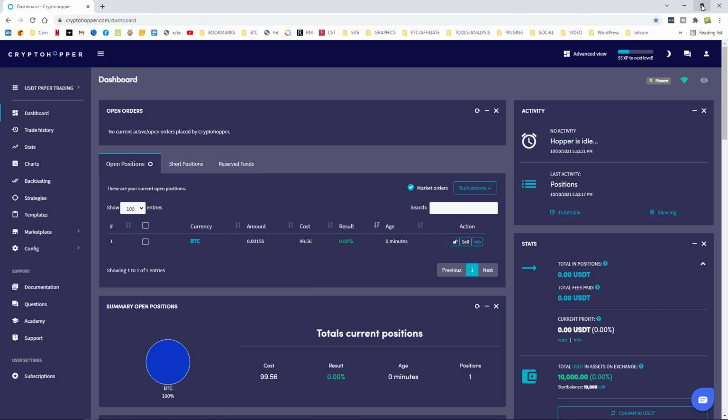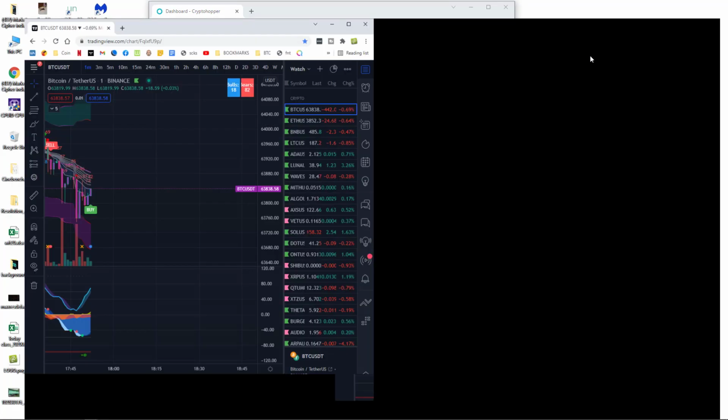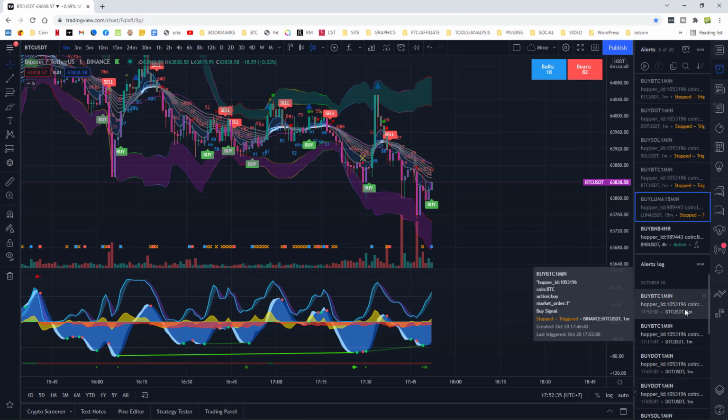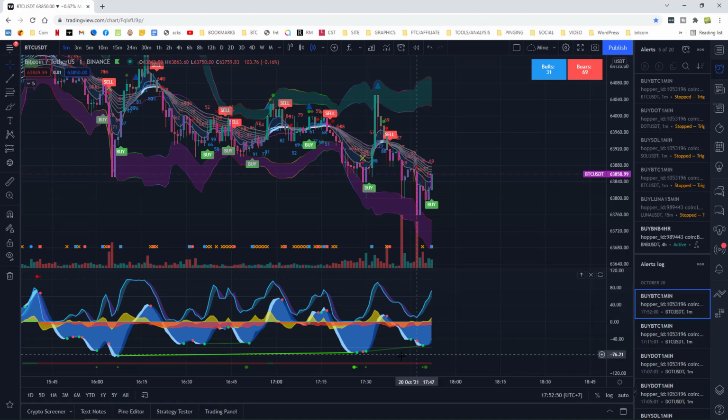So that signal there that has just gone off can be found there, and as you can see, it's stopped because it has been triggered once as we set it to. Now the bot got divergence there, so it means the price is going to go up.